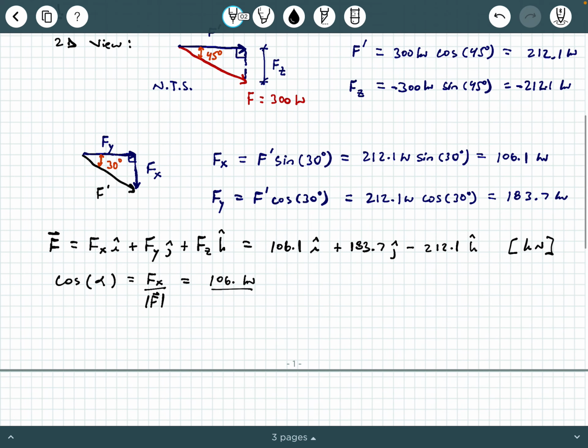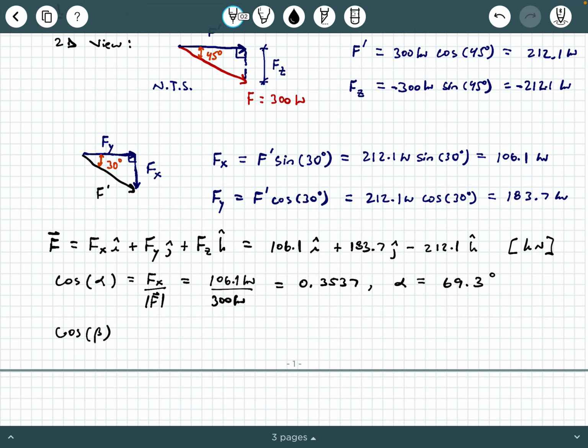So 106.1 divided by 300 gives me a value of 0.3537, and then I take the arc cosine or the inverse cosine of that value, and I get 69.3 degrees.